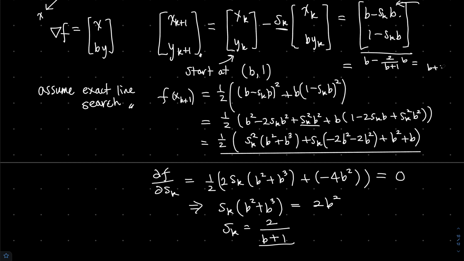We get b times (b plus 1 minus 2) over b plus 1. Then this becomes (b squared plus b minus 2b) over b plus 1. So this just becomes b times (b minus 1) over b plus 1. Right? So this is xk+1. And similarly, we can write the other one, so let me just make some room here.